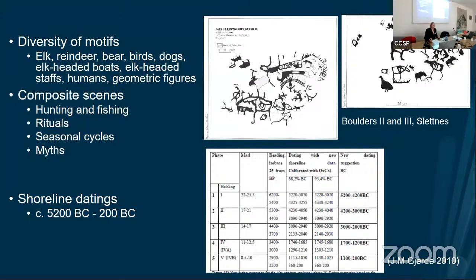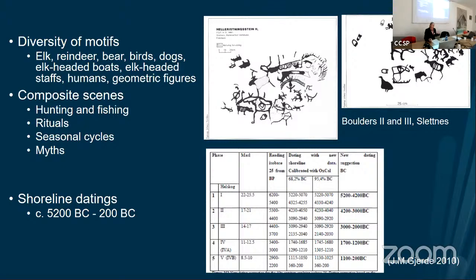So again, as I've already said, what characterizes this mid-Holocene rock art is that there's a diversity of motifs. There's also humans, dogs, lots of boats we have here, the geometric motifs, some artifacts, etc. And we have these composite scenes where you see hunting and fishing scenes, scenes that probably represent rituals, seasonal cycles, and possibly also mythical narratives.